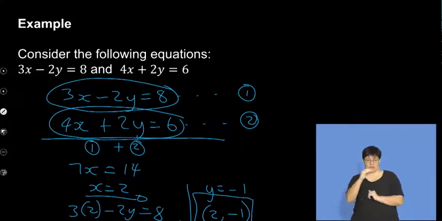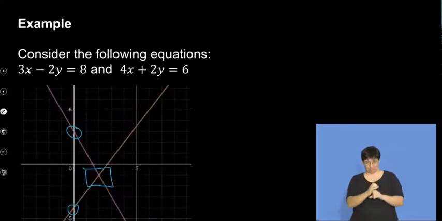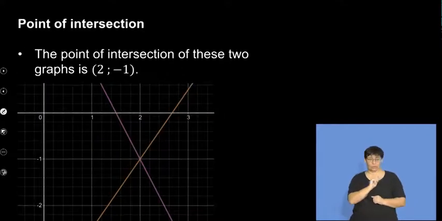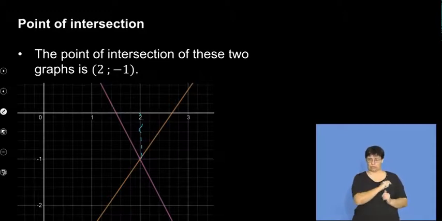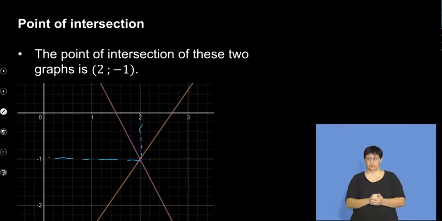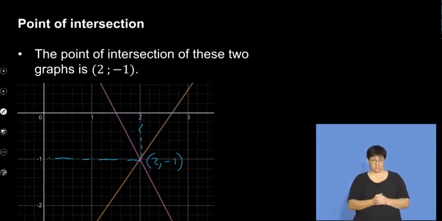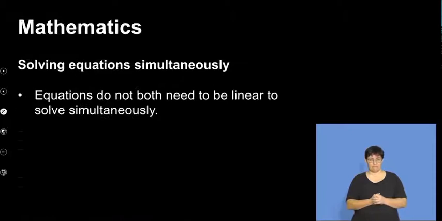So I'm going to zoom in on this particular graph to see whether it is also 2 and minus 1. So you can see the x value there is at 2, the y value there is at minus 1. So yes, this is actually 2 and minus 1, which is the point of intersection of the two linear equations.